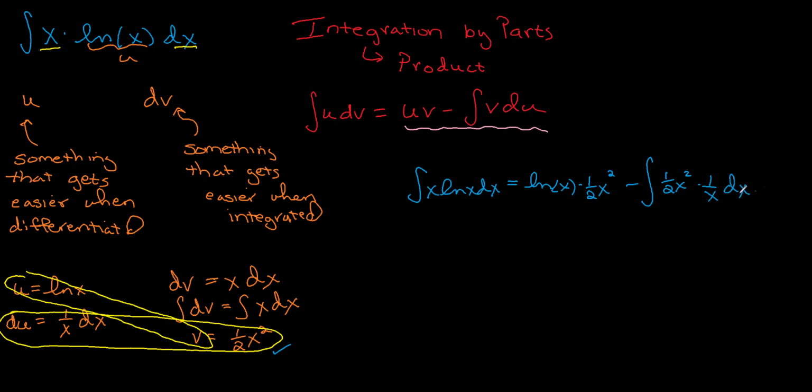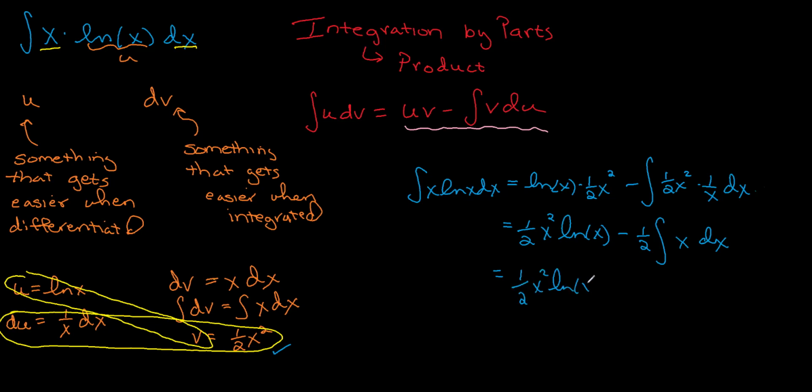Okay, let's clean this up a bit. So I've got 1/2 x squared times ln of x minus, I'm going to bring the 1/2 out in front. I've got an x squared and an x, so 1 factor of x is going to cancel there. And now I'm just down to a lovely little integral that I need to compute.